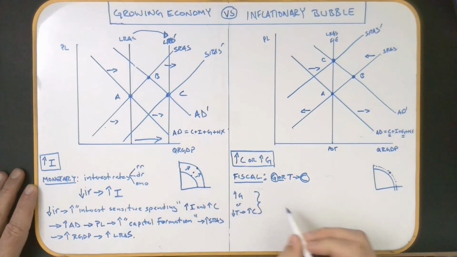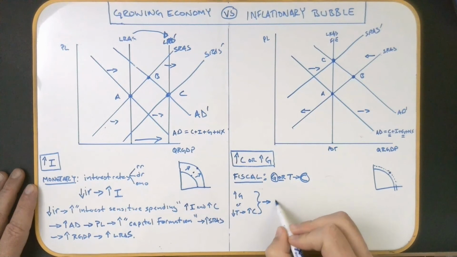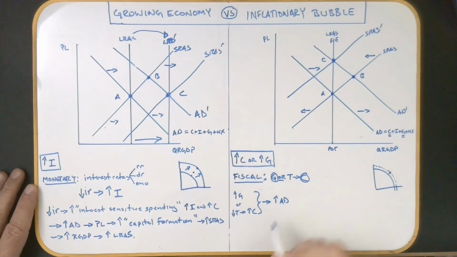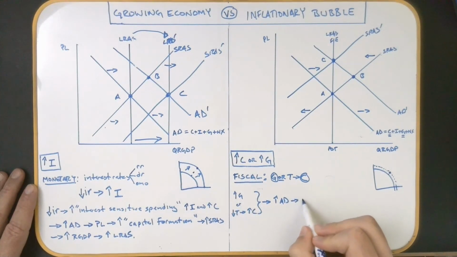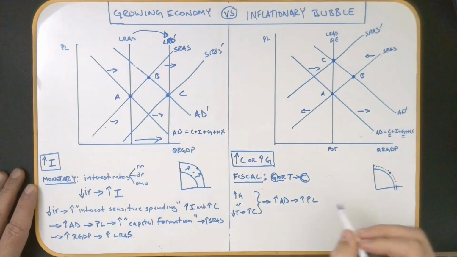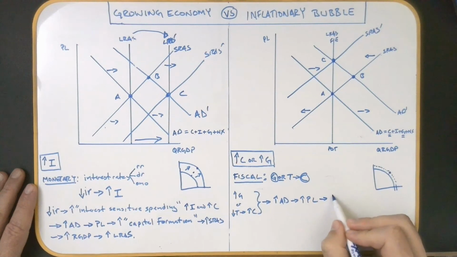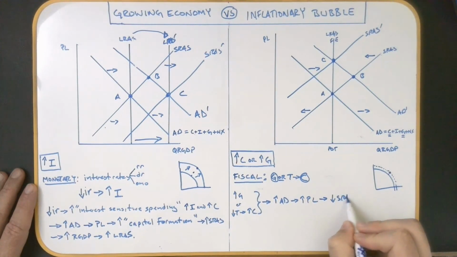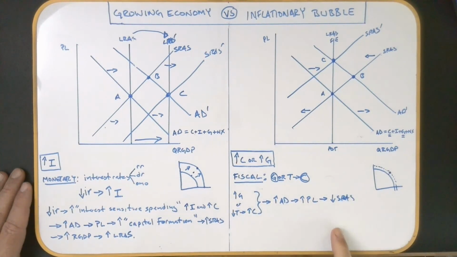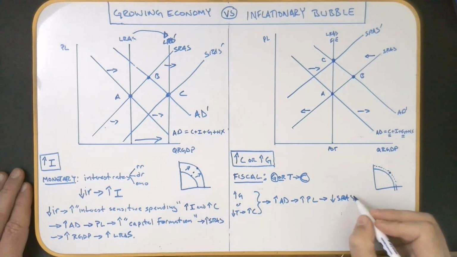Whichever one of those you go to fiscally, what that's going to lead to is an increase in aggregate demand, perks up the economy, and that leads to an increase in price level. But there was no capital formation, and that increase in price level eventually is going to lead to a decrease in SRAS because price level is too high and inflation has been triggered.